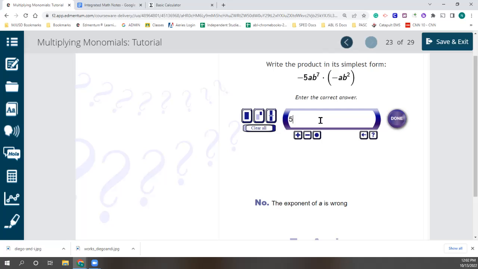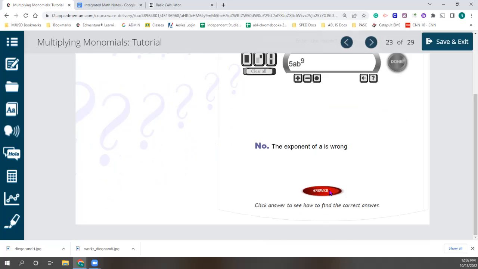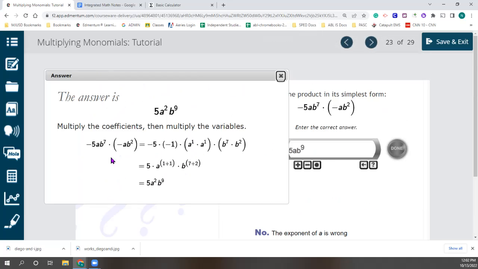So 5AB exponent 9. It says it's wrong. Let's check the answer. Negative 5 multiplied by negative 1 is 5.